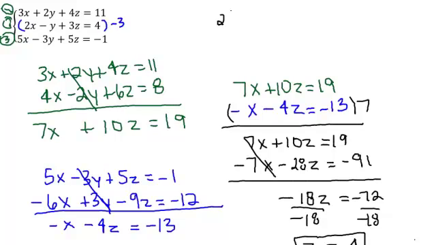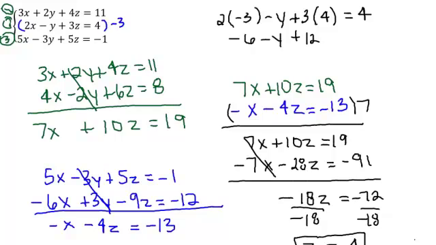So I have 2 times, remember our x value was negative 3, minus y, because again that's what we're solving for, plus 3 times our z value, which is 4, and that equals 4.